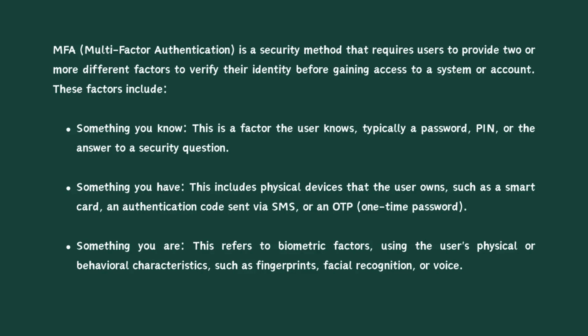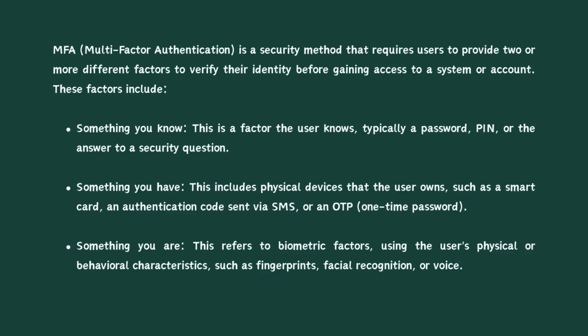MFA, multi-factor authentication, is a security method that requires users to provide 2 or more different factors to verify their identity before gaining access to a system or account. These factors include something you know. This is a factor the user knows, typically a password, PIN, or the answer to a security question.